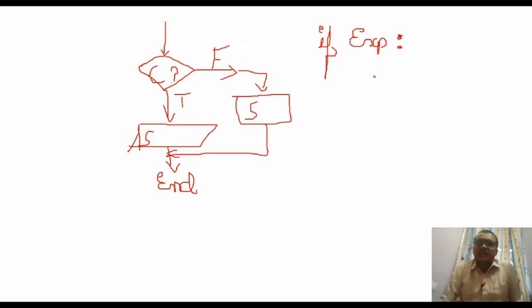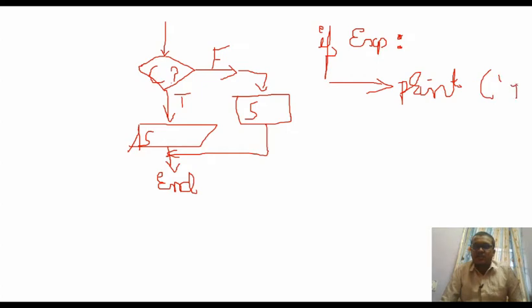After writing the colon, your program should be written by giving one tab. You cannot write the true statement just below the if. So you can just print some value here, saying that it is true.